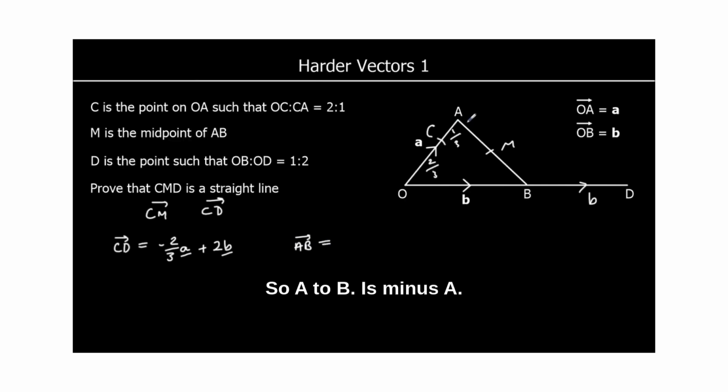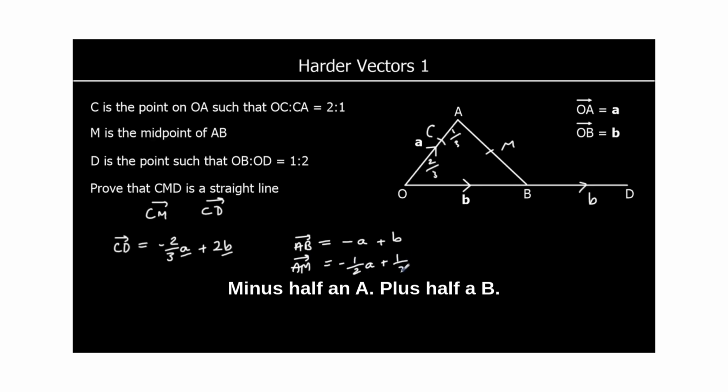So A to B is minus a plus b. So A to M is half of that, minus half an a plus half a b. And C to M is C to A, which is 1/3 of an a, plus A to M. So minus half an a plus half a b.